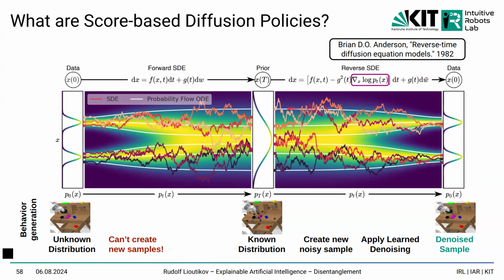If you get rid of it, you're left with the white lines. You can see that the marginal distribution for the squiggly lines and for the white lines is the same. That's why we usually refer to the white part as the probability flow ODE, because it becomes an ordinary differential equation without the noise injection term.